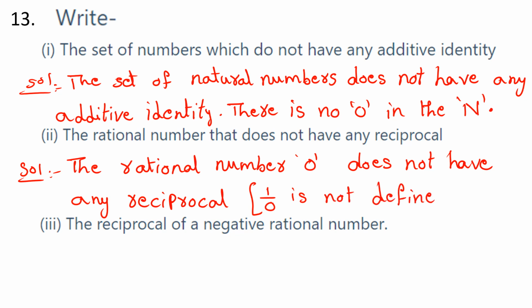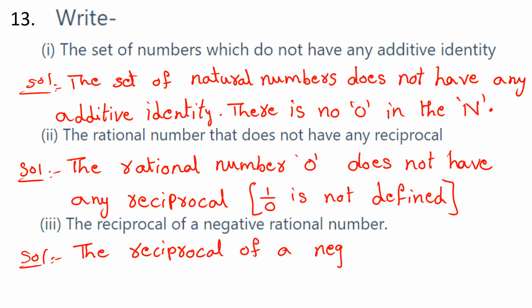Okay, right? Let us see the third question, the reciprocal of a negative rational number. The reciprocal of a negative rational number is a negative rational number only, right? So write that: the reciprocal of a negative rational number is a negative rational number only.